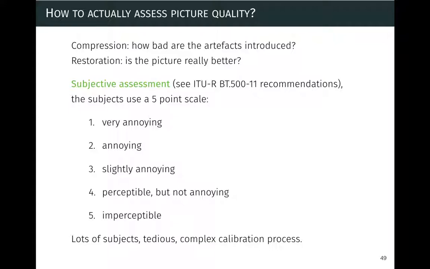You sit the people in front of the TV at the correct angle, correct distance, and then you ask them to go through a very long process that might take an hour or two, and they watch some very boring videos, and they have to mark them from 1 to 5, and they do some tests, and it's the whole procedure. It's been standardized, and it's called ITU-R BT.500-11, and just by the name there, you realize how cumbersome it is and how annoying it is to set up, okay?